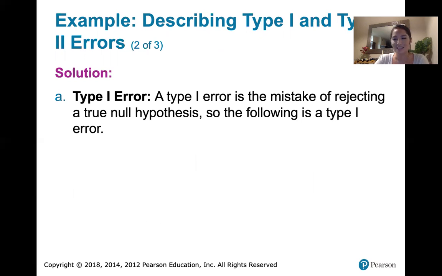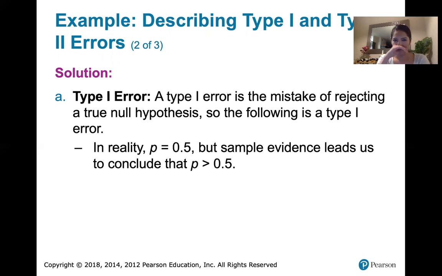The null hypothesis is that the probability of having a girl, even after using this treatment, is 50-50. So P is equal to 0.5. But if P is actually equal to 0.5, and sample evidence suggests that P might not be equal to 0.5, but the sample evidence is wrong, P actually is equal to 0.5. That's type 1 error.